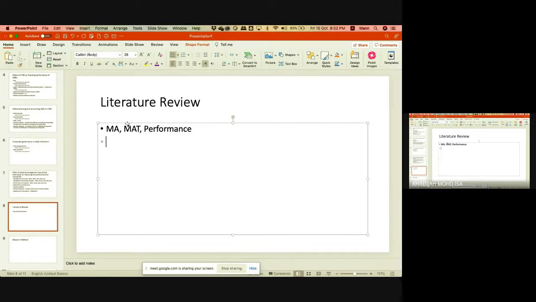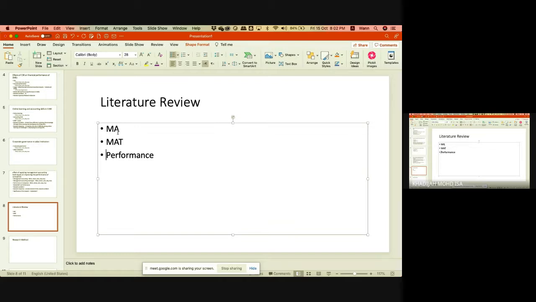What you are going to do is have these as themes, for example, on MAT: what have people done on management accounting techniques, what are the techniques available, what research has been conducted on those techniques, and what are their findings.